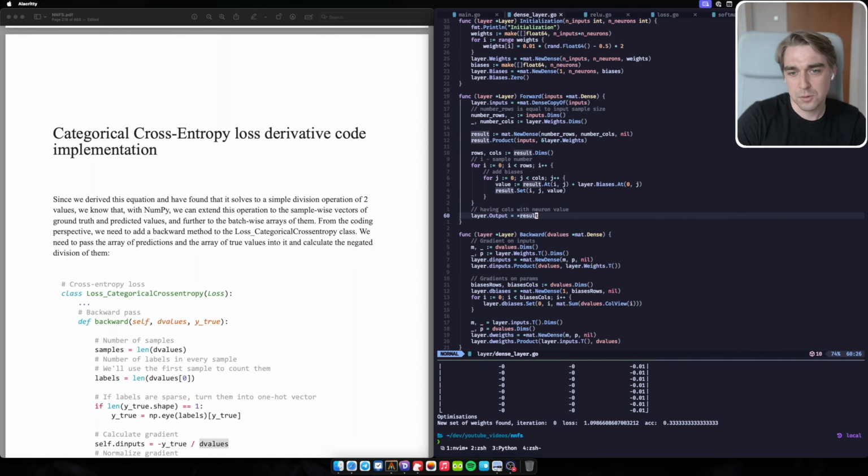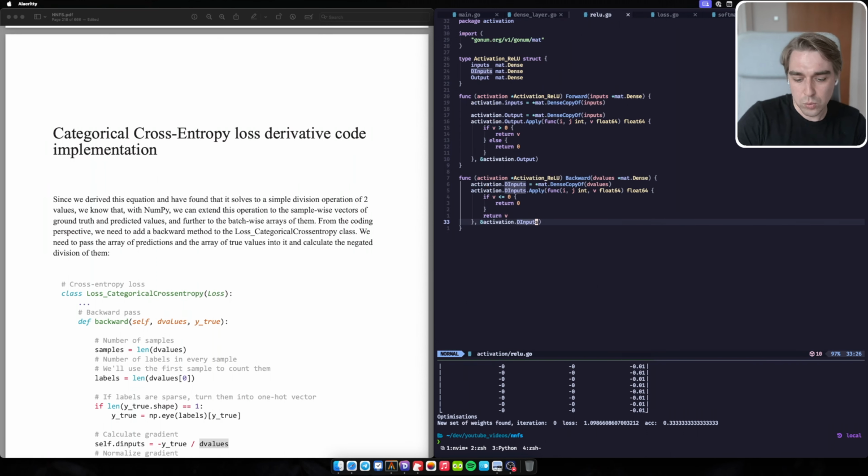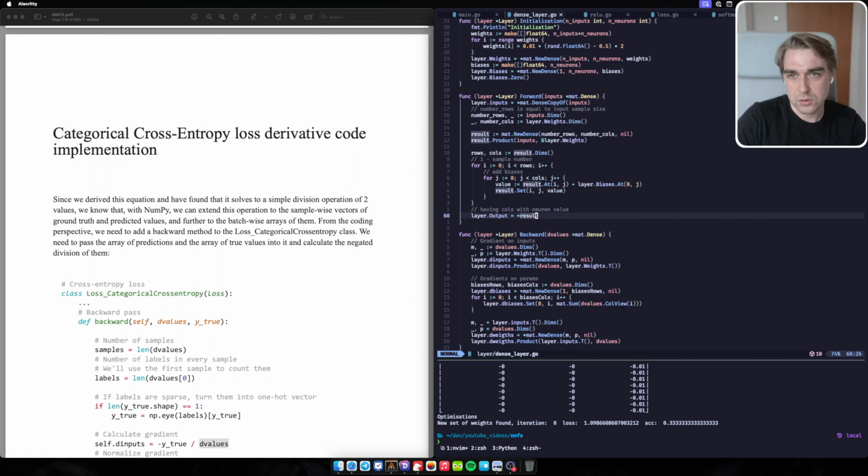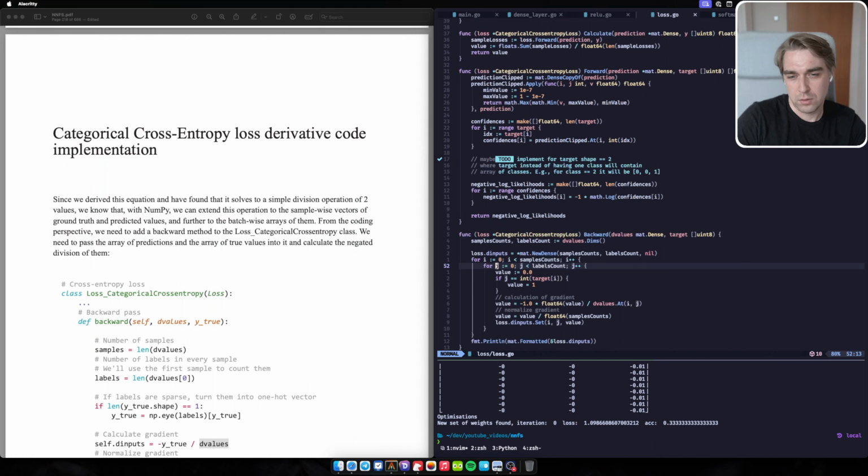So this is what we can do, just in one pass. So there are no additional allocations.